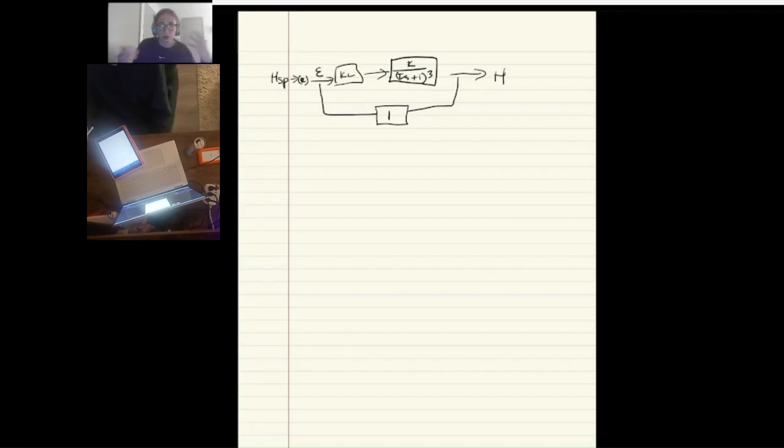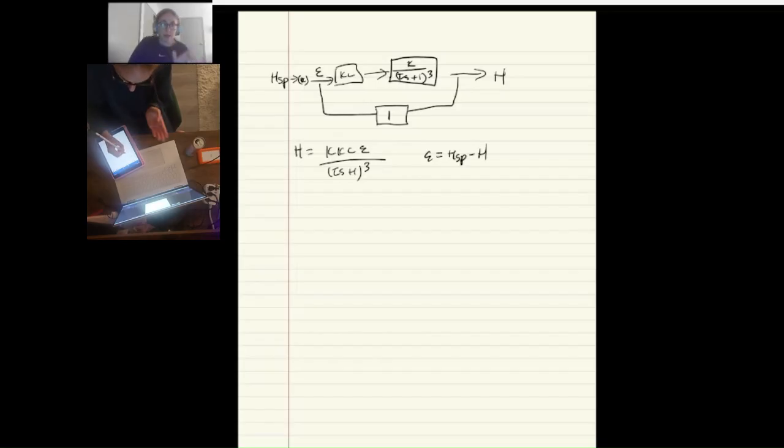So our equation for our height is H is equal to our K times Kc times our error over tau S plus 1 to the third. And we know what our error is. Our error is going to be our height set point minus our height.